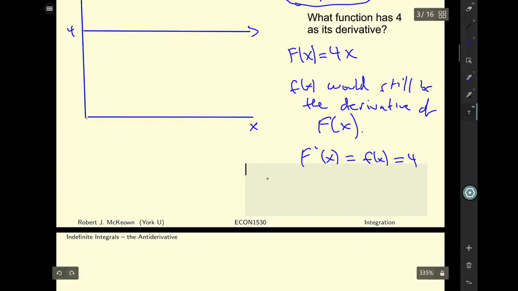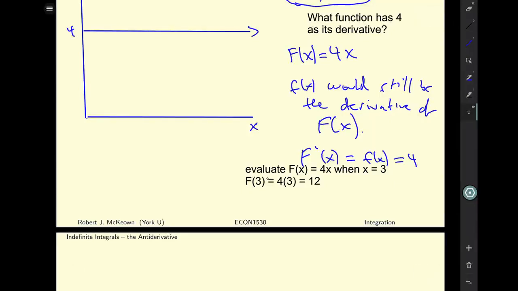Now I want you to evaluate big F of x equal to 4x when x is equal to 3. And if you do that, you get big F at 3 is equal to 4 times 3, and that's equal to 12. So you've done that before. You've done that many times already in this course.